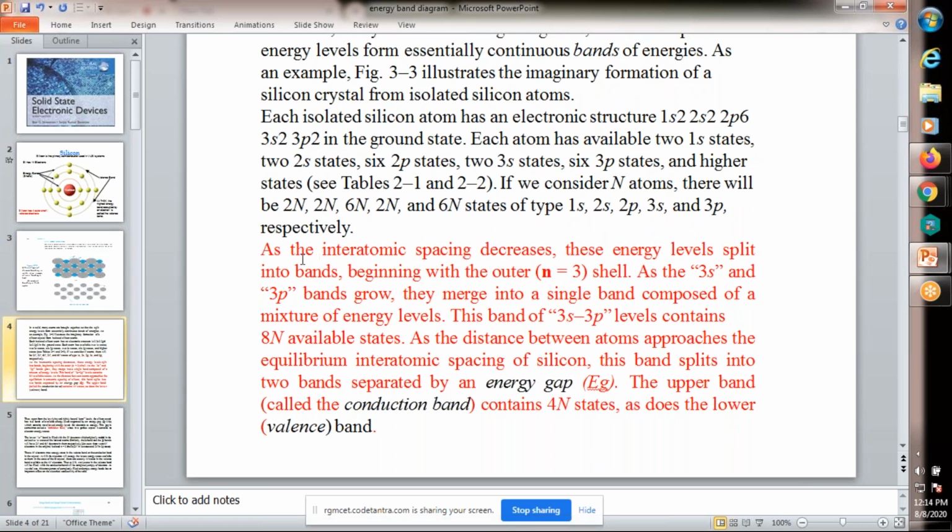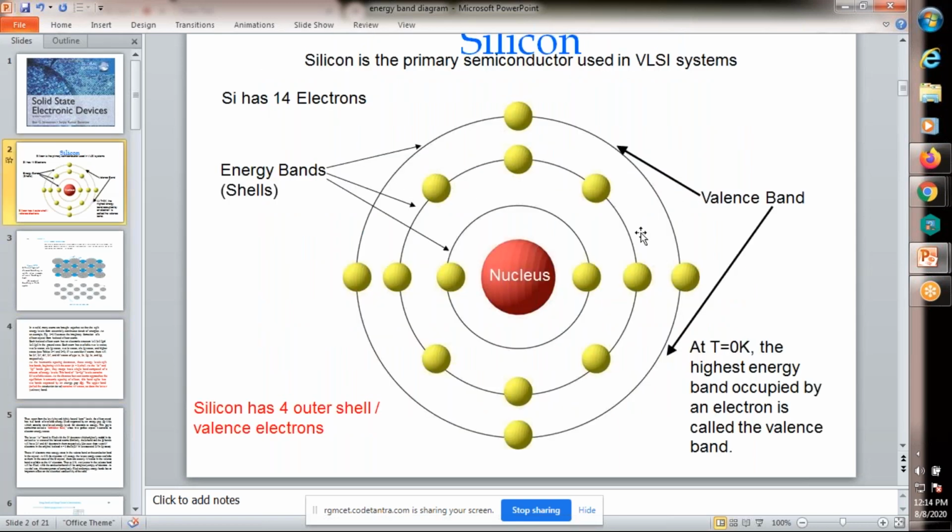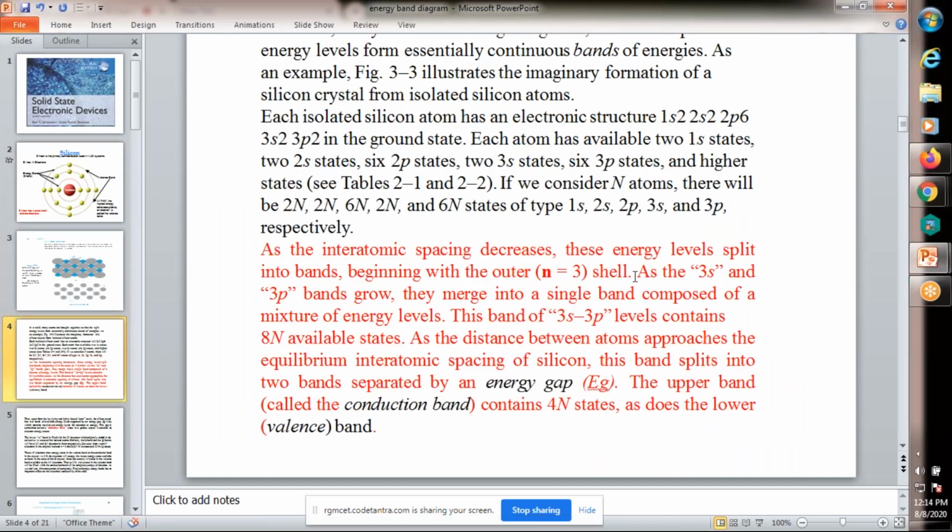Now, as the interatomic spacing decreases, the spacing between the two atoms decreases, and these energy levels split into bands. Whatever energy levels we observe here, 1, 2, 3, these energy levels split into bands. Remember this one.